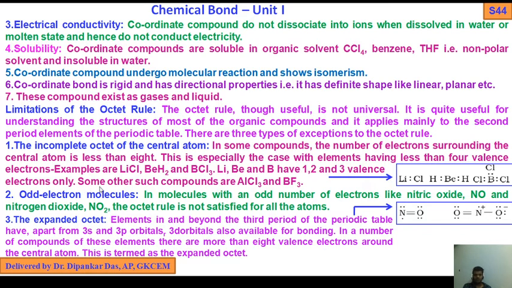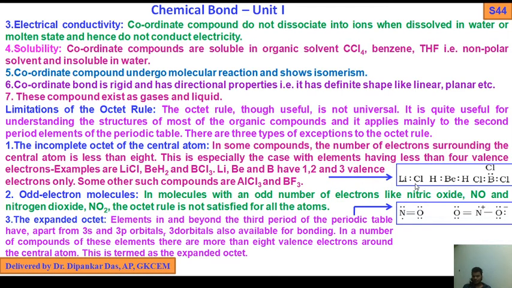Examples: lithium chloride, BeH2, BCl3. Lithium, beryllium, and boron have only 1, 2, and 3 valence electrons. Some other such compounds are AlCl3 and BF3.